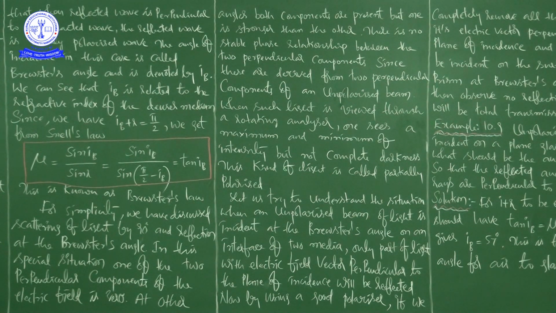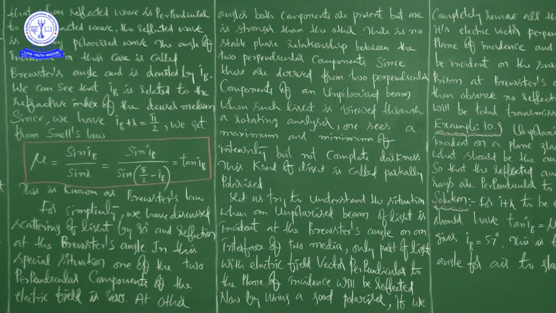Next, let us understand the situation when an unpolarized beam of light is incident at the Brewster's angle on an interface of two media. Only the part of light with electric field vector perpendicular to the plane of incidence will be reflected.